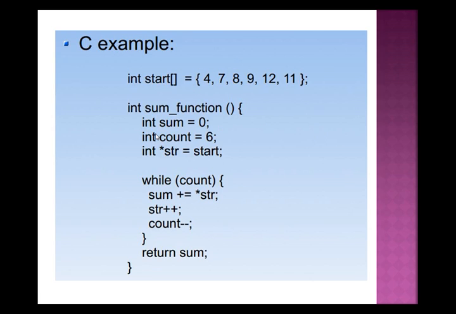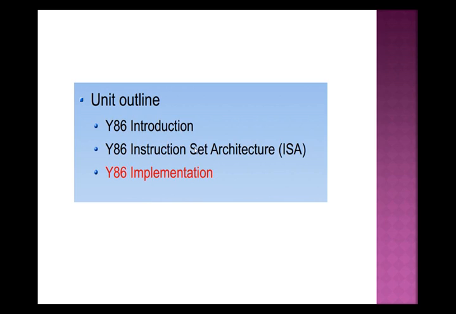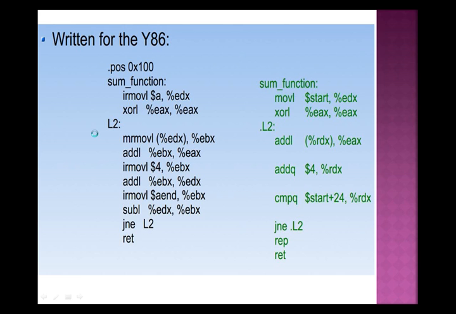This is a C example. We are defining arrays for storing the values, and we have also used a pointer for storing the address of the array variable. This is how it compiles to assembly by GCC 4.4.3. This is the function, how to process.